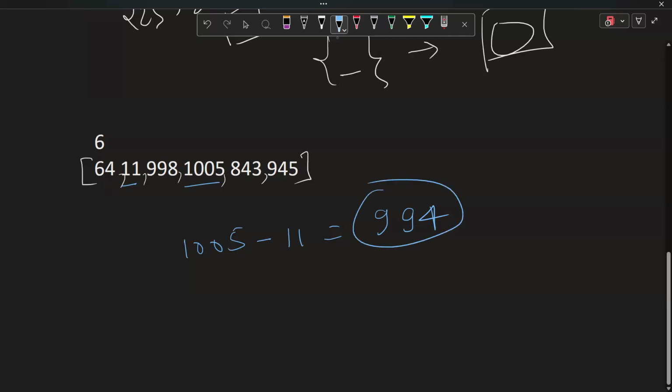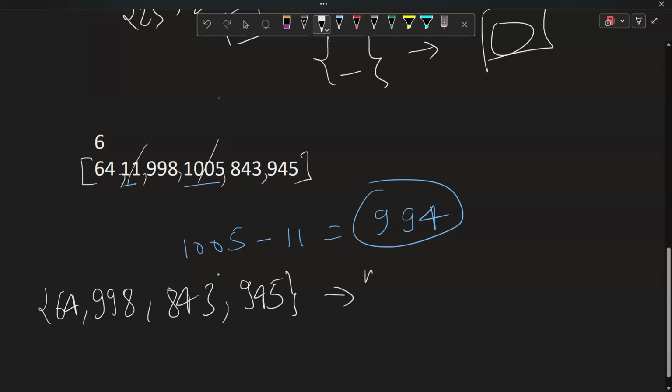So what elements would you delete? In this case, let's suppose you deleted the 11 and the 1005. Then what is your range for this new array, which has 64, 998, 843, and 945?